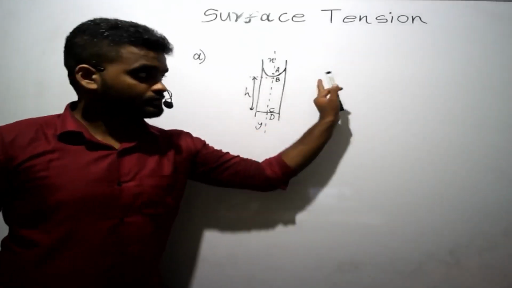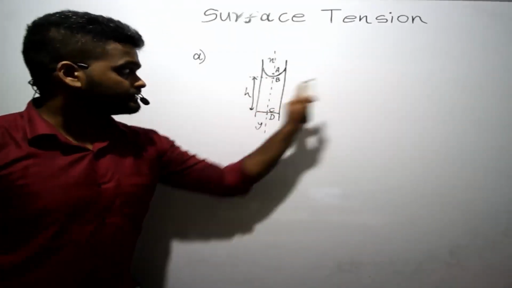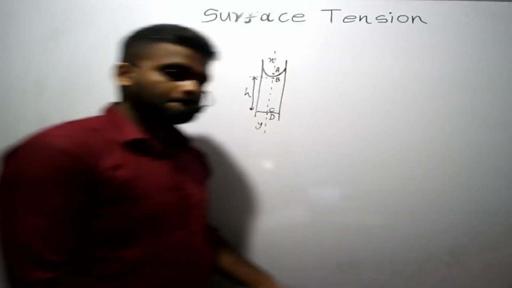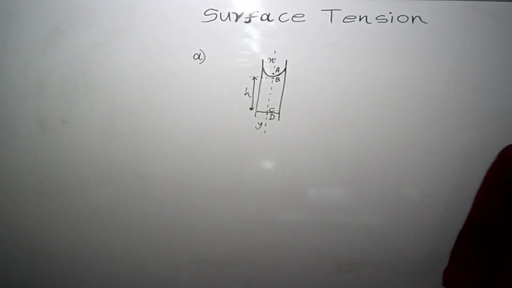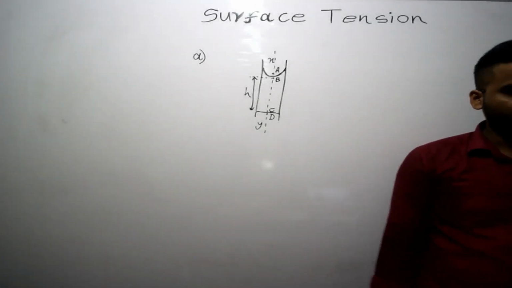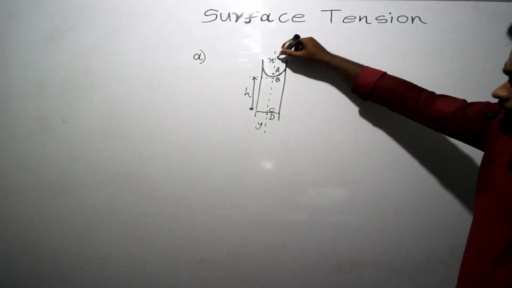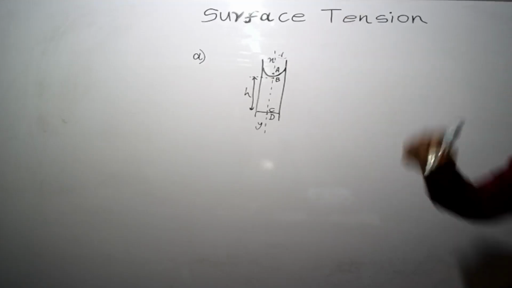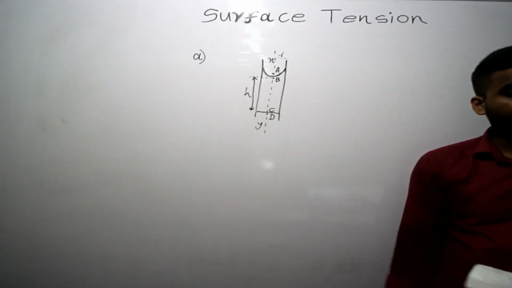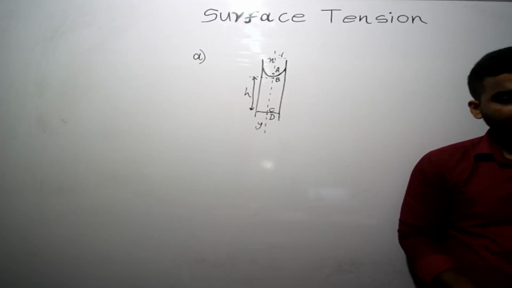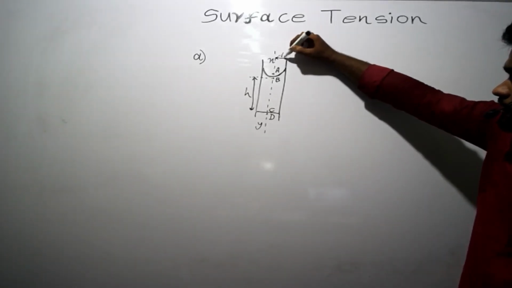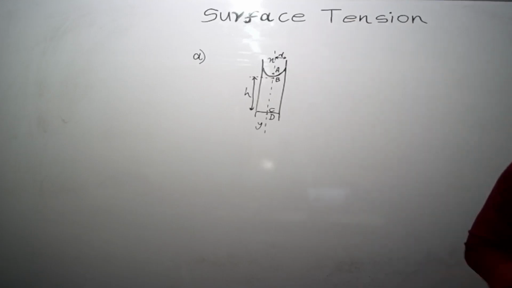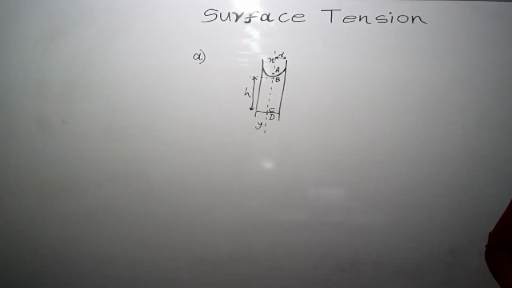The radius is R, the internal radius. As you're drawing, you have to understand what this explains.